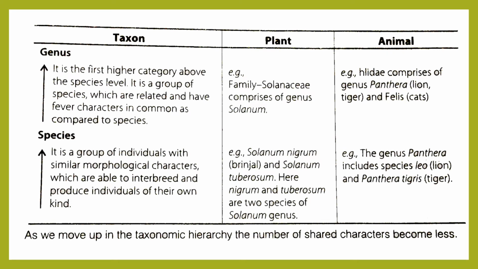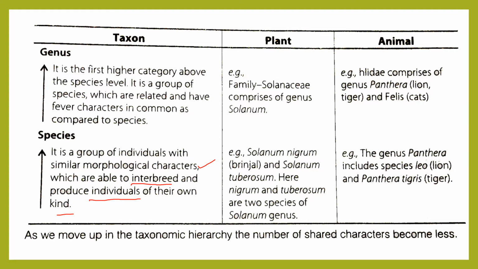Now let's discuss each one of these categories, starting from species. Why species? Because species is the smallest and basic unit in the system of classification. It is a group of individuals with similar morphological characters which are able to interbreed with each other, and they produce individuals of their own kind. For example, in plants, it is Solanum nigrum.